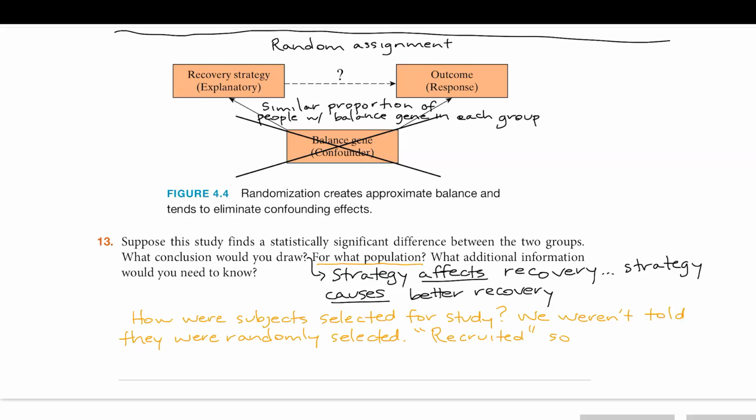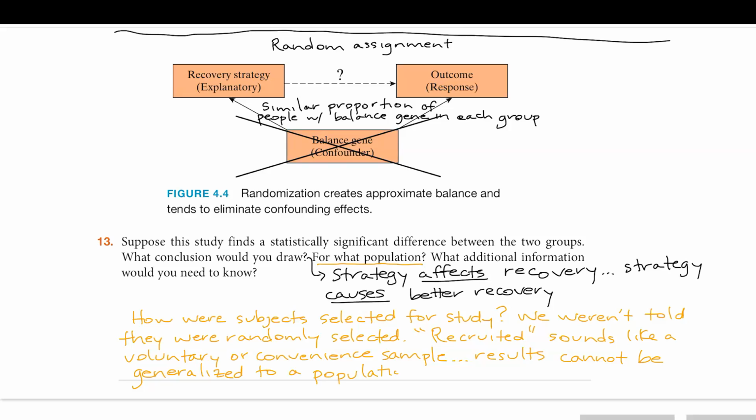Recruited makes it sound like they were sort of volunteers. Or maybe this was a convenience sample. So when that happens, the results cannot be generalized to a population. That's what we learned in Chapter 2 in Section 2.1. So we have to be careful. Again, random assignment is different than random sampling.